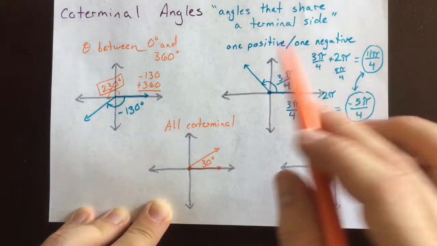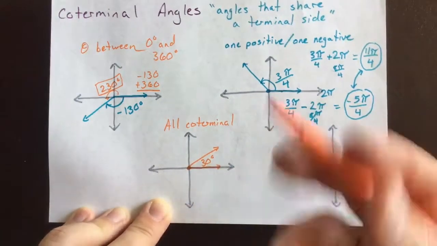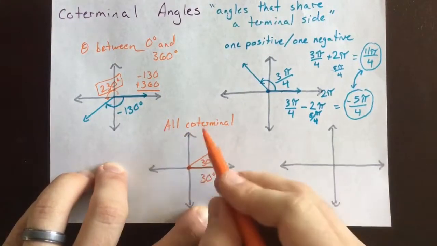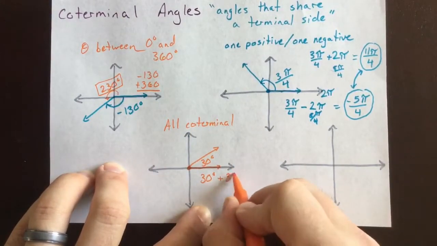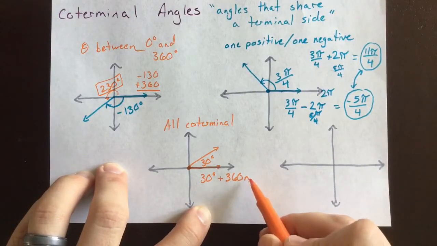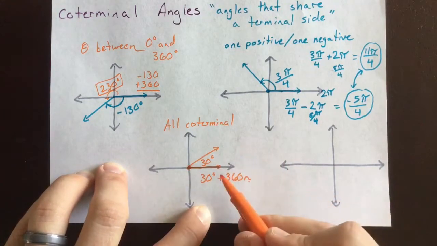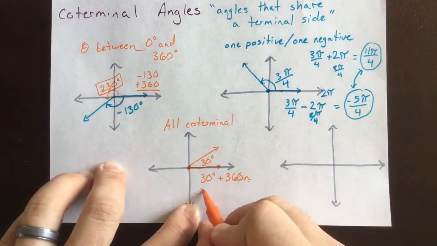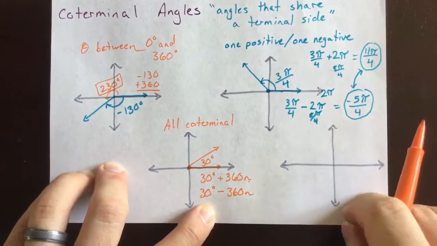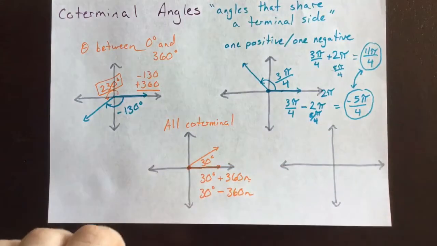If I want a negative coterminal angle, we argued that we're going to subtract a full rotation, which is subtracting 360. So we would say 30 degrees. If I want every coterminal angle, I would simply add 360 in certain increments. So this is n. I can add 360, add 360 again. I can add 360 10 times, and it would still be coterminal. Or we can take 30 degrees and subtract 360 a certain number of times. So doing so would give us every possible coterminal angle.